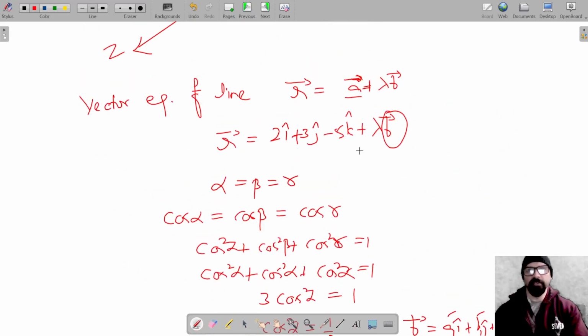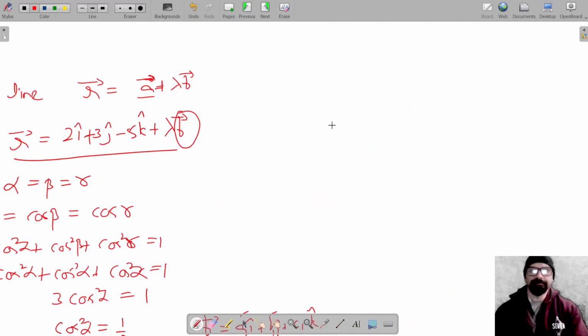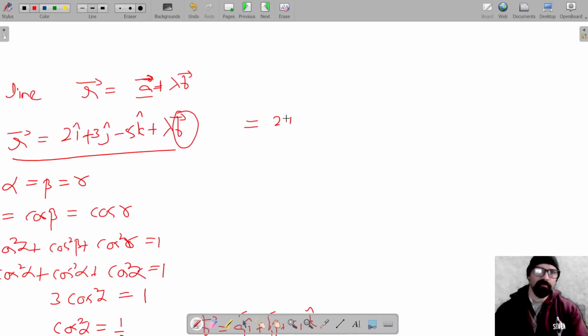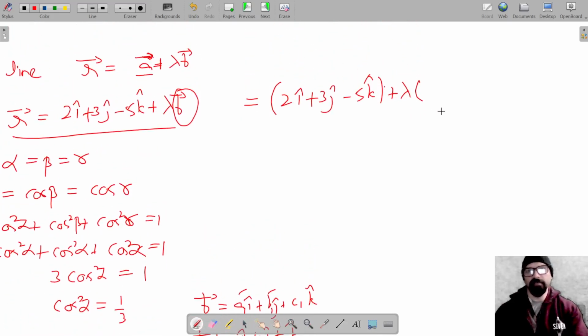So let's put it in the equation: 2i cap plus 3j cap minus 5k cap plus lambda into b vector, which is i cap plus j cap plus k cap.